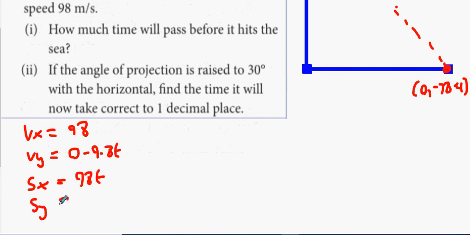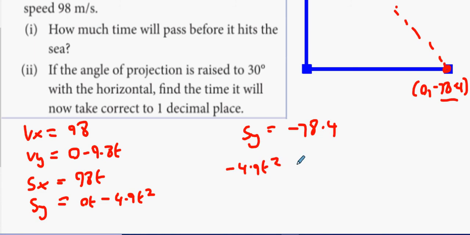Your Sy is 0t minus a half, so 4.9t squared. Now, Sy, at time of flight, Sy equals minus 78.4. So minus 4.9t squared equals minus 78.4. 78.4 divided by 4.9 goes 16 times. T squared equals 16. T equals 4. Alright, done.